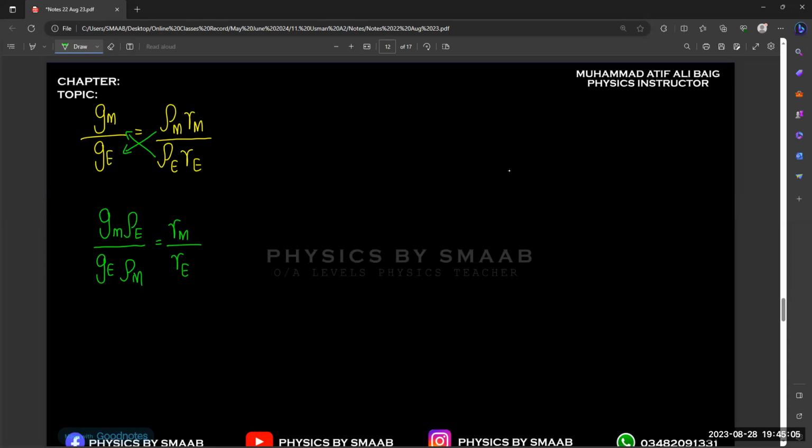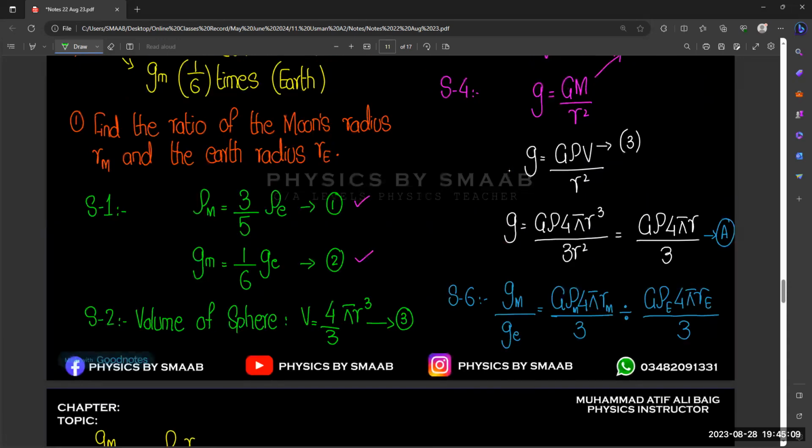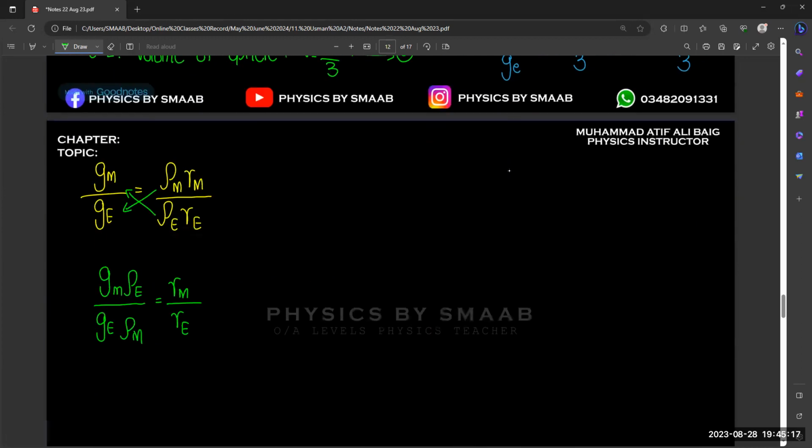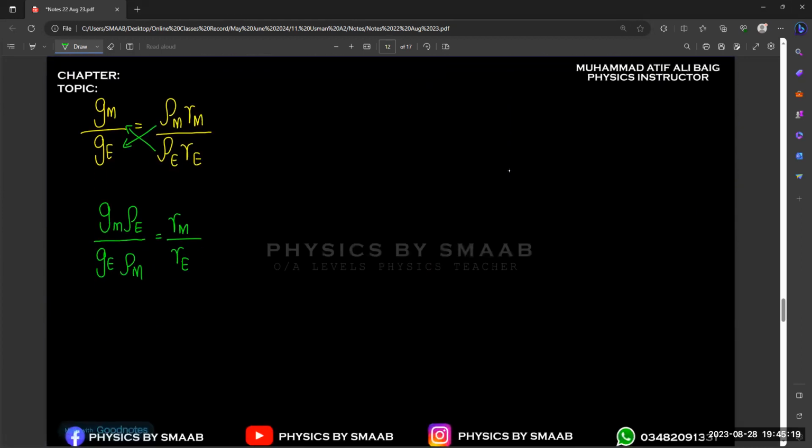Yes. And now you can easily substitute the value. Why? Because initially we started with the concept of density and the concept of gravitational field strength, right? Now we can easily substitute the values and you will get the answer because we know the value of gm and density of m, right? We only need to place the value.